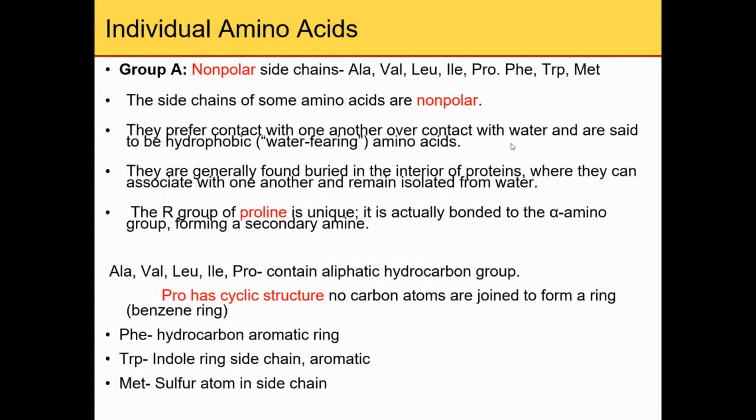The first one is the non-polar amino acids. That means the side chain is non-polar. So alanine, valine, leucine, isoleucine, proline, phenylalanine, tryptophan, and methionine. These are the non-polar amino acids. Their side chains are non-polar, and they prefer contact with one another over contact with water.